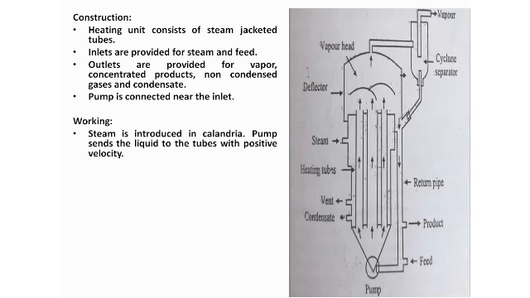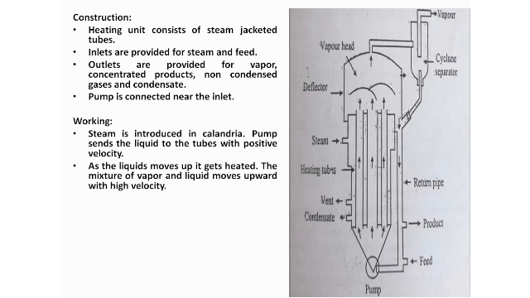So working: the steam is introduced into the calandria. This part, we all know, is the calandria, right? The pump sends the liquid to the tube with positive velocity, meaning a high amount of pressure. Then as the liquid moves up through these spaces of the tubes, it will get heated.